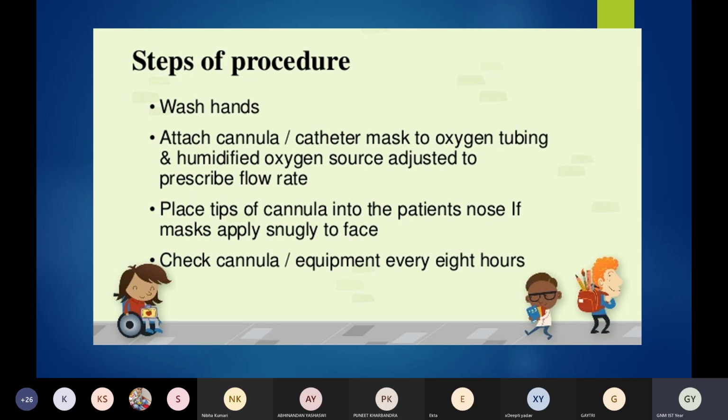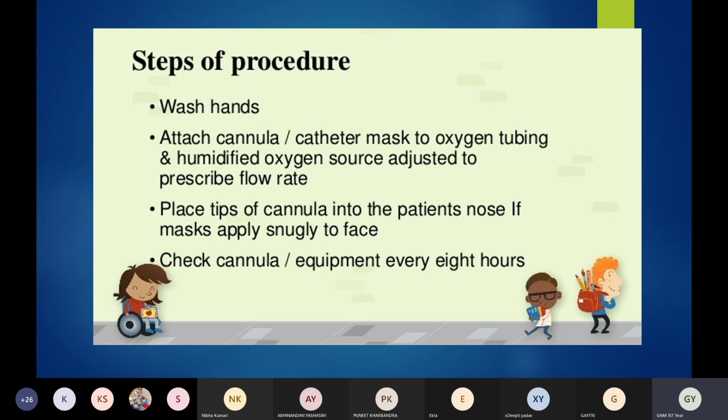Now coming to the cannula. If we use a nasal cannula, then the two points should go inside the patient's nostrils. Okay, it should go into the patient's nose. And if you are using a mask, a very important point I said: if you are using an oxygen mask, you should cover the nose and you should cover the mouth.